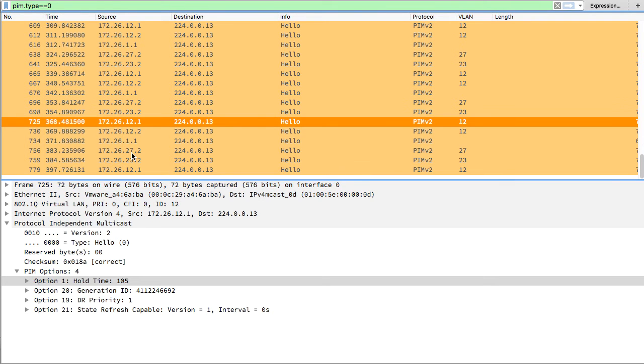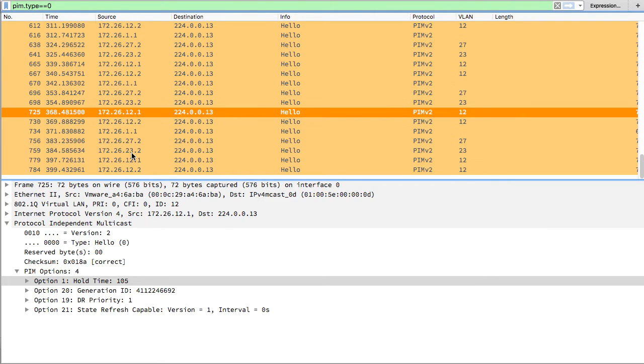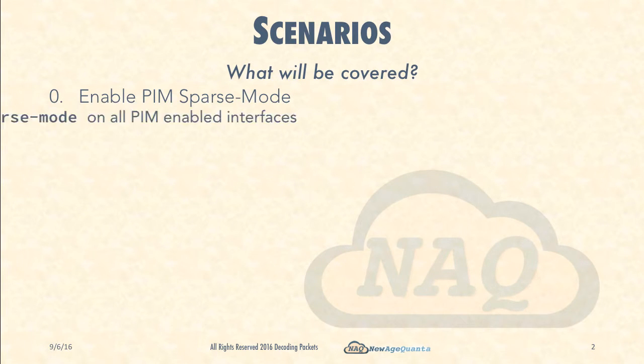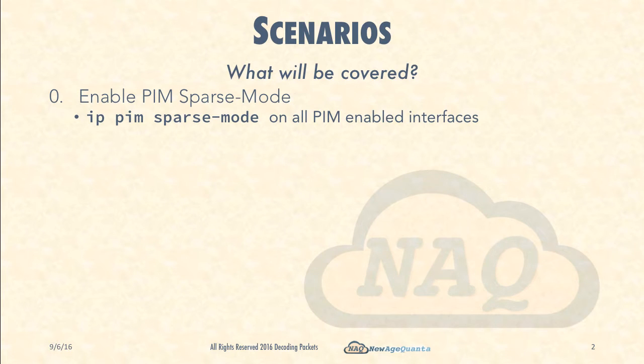So having covered hellos, we can move on to our next topic. So it is time to start covering the scenarios. Let's look at this very first scenario. So this was a precursor to actually discussing sparse mode. One more thing that needs to be done here, and this is more specific to Cisco routers than anything else: just enabling PIM Sparse Mode does not activate IP multicast.